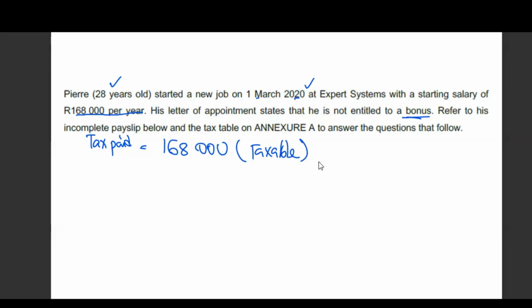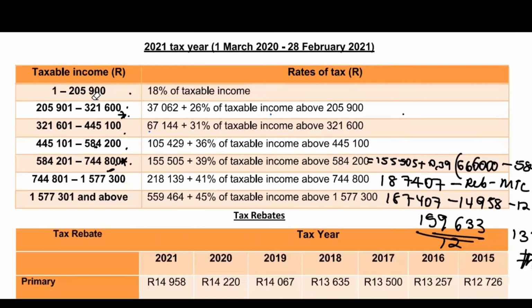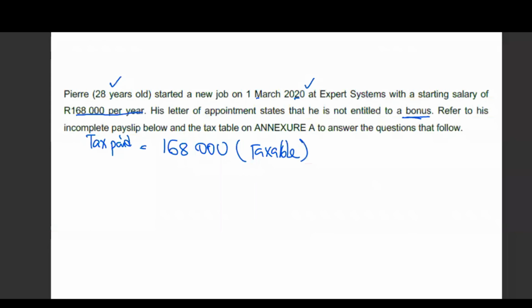You go straight forward. Now, when we look at the tables, this will be bracket number 1 straight away. You see, it's in bracket number 1, which states 18% of 168,000. The answer becomes 30,240.